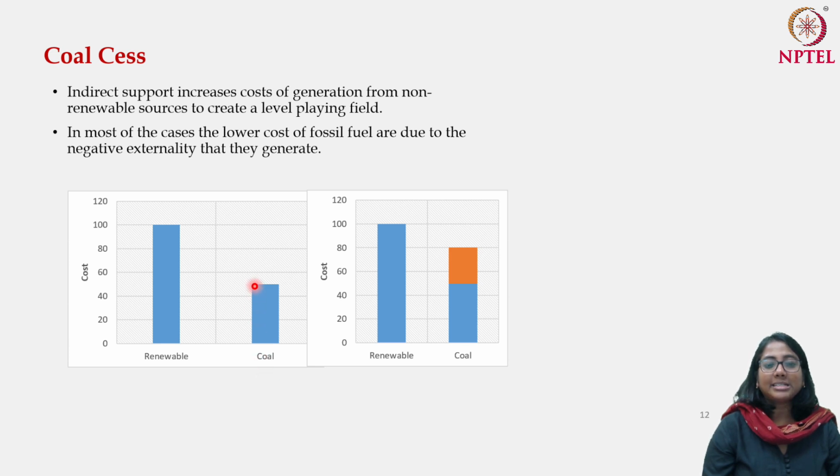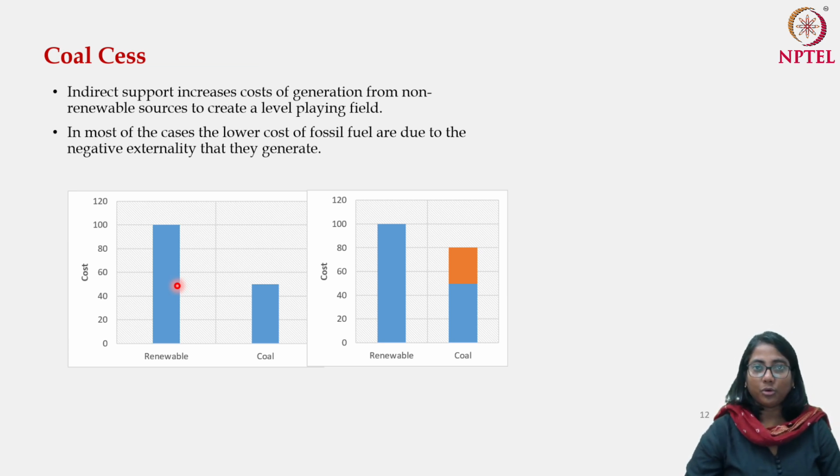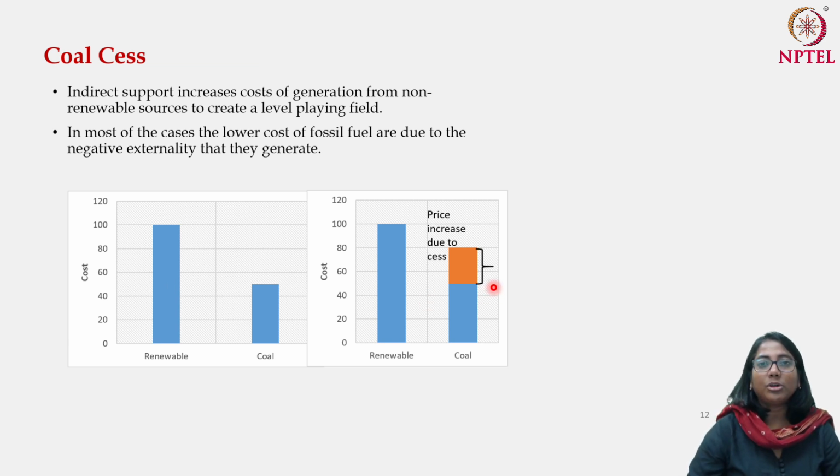You see that the price we are getting for the power generated out of renewables is almost double that we are getting for coal. Once the coal cess is in place, the price of coal is going to go up. As a result, although nothing is happening to the renewable energy, the gap between the price of electricity produced from renewable and fossil fuel based energy is going to decrease.